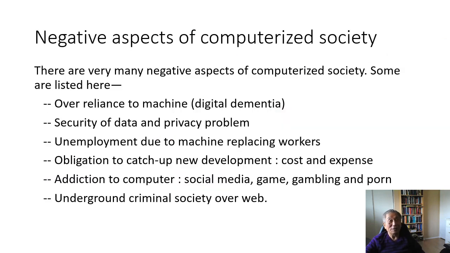Okay, just the last bit. There are many negative aspects. One is over-reliance: if you use this electronic system too much, then you are not thinking. It's called digital dementia. You don't memorize anything. To be honest, how many phone numbers do you remember?